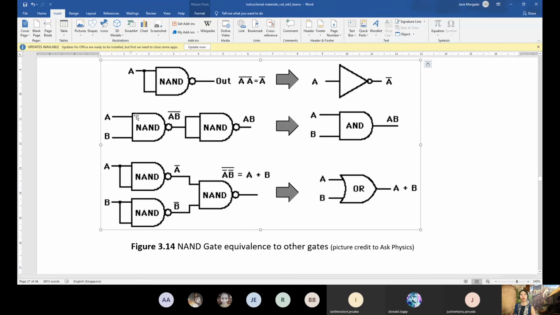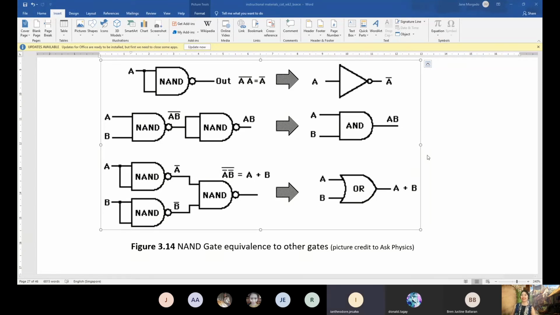Okay, so this is a NAND: A times B, inverted, and then another invert. So it's like (AB)'' with a double prime. If you have a double prime, what will happen? Double negative, double prime. What will happen to the prime?